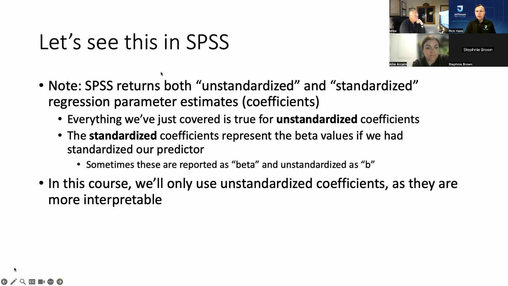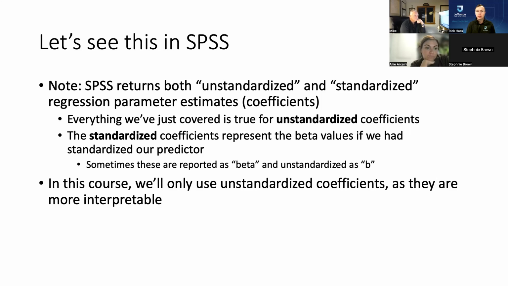Another thing to note, what we've been calling beta coefficients are really what we call unstandardized regression coefficients. They can be all kinds of different magnitudes. They're on the scale of measurement of the outcome variable, right?